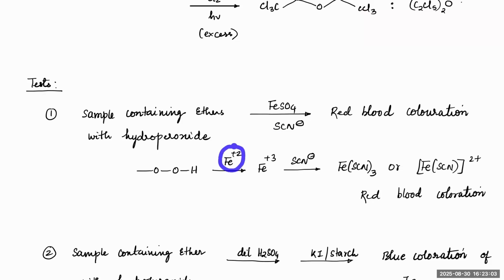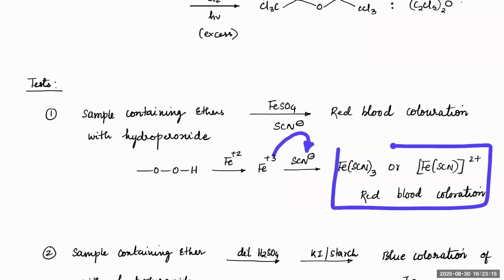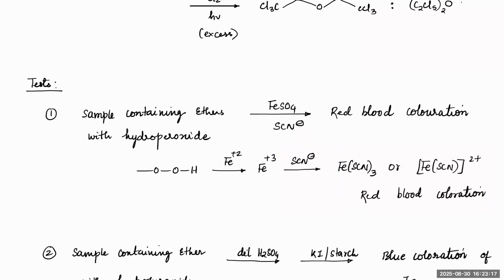Here, Fe2+ in the presence of this hydroperoxide linkage will get oxidized to Fe3+. And Fe3+ forms a complex with SCN, which is a blood red color. So if the blood red color is forming, that means ethers are present. Okay, beta? Yes, sir.